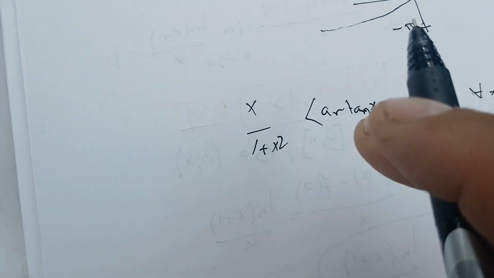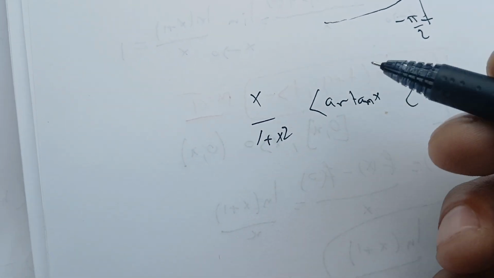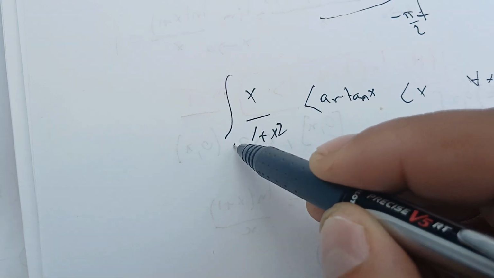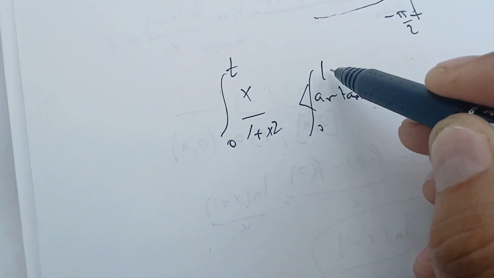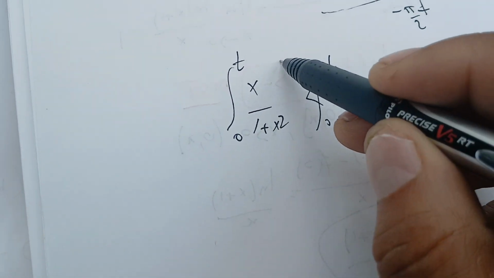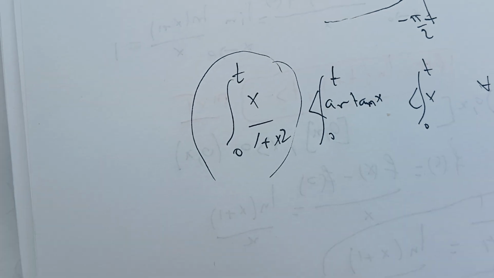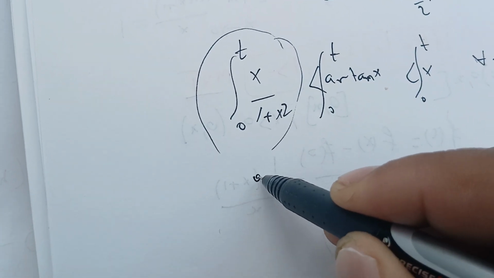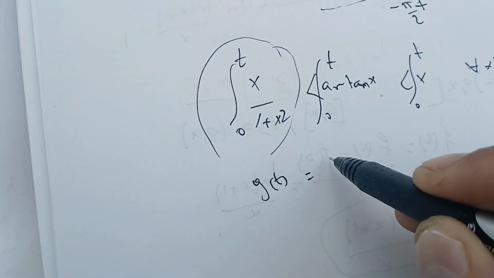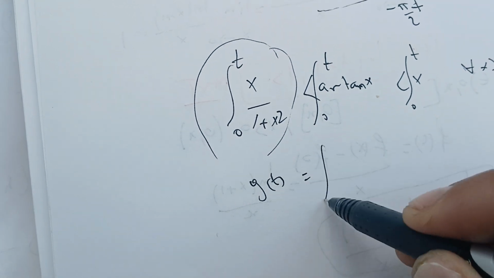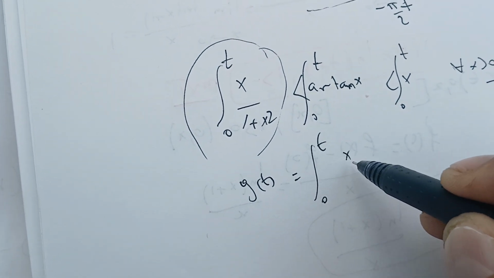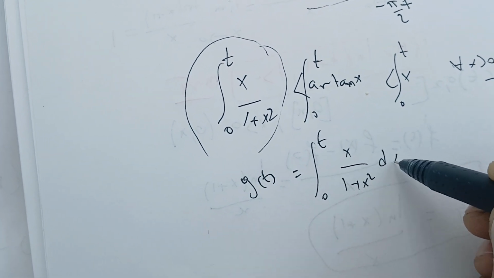Okay, now we can integrate between 0 and t, and we are interested in this one here, so let's call it g of t.